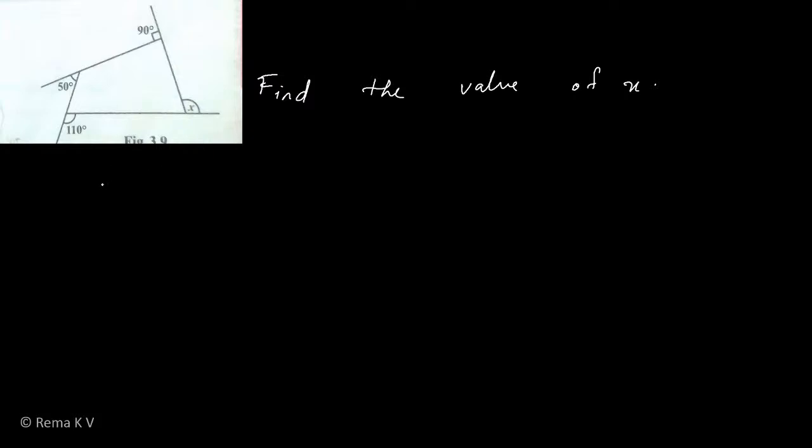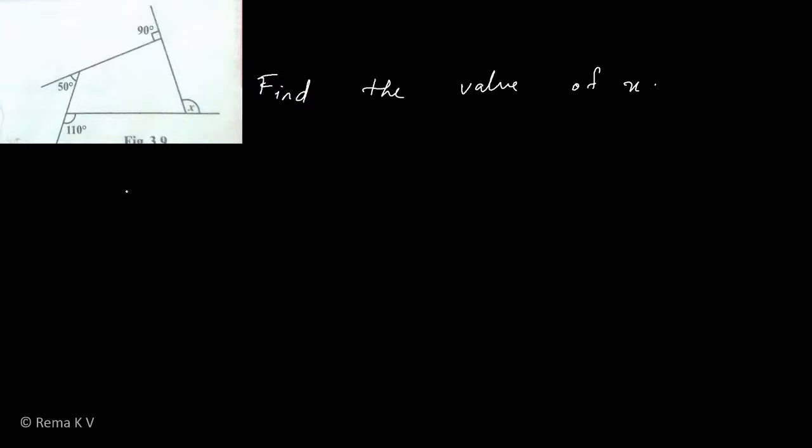So in the figure, three exterior angles are given to us. One is angle 90, the measure of the angle is 90 degrees. The second one is 50 degrees and the third one is 110 degrees. And the last one is given as x.